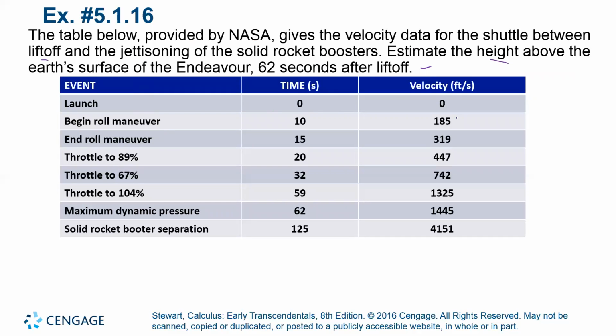So they launch at 0 and the velocity is 0. Within the first 10 seconds, this is the velocity of the rocket, and then 15 seconds, that is it all the way through. So we should estimate the height above the Earth's surface.